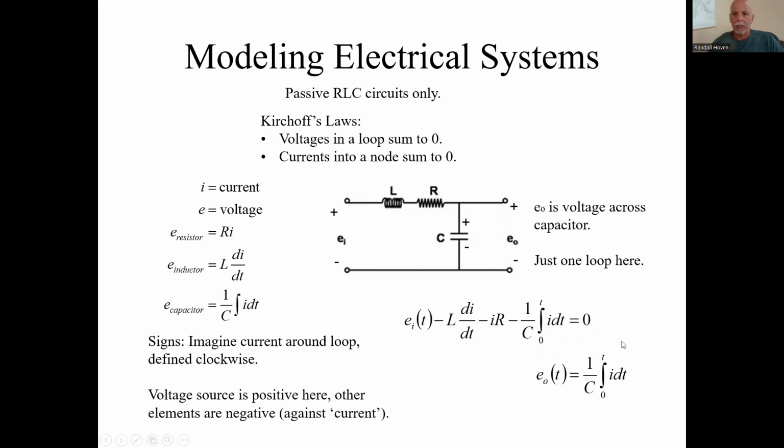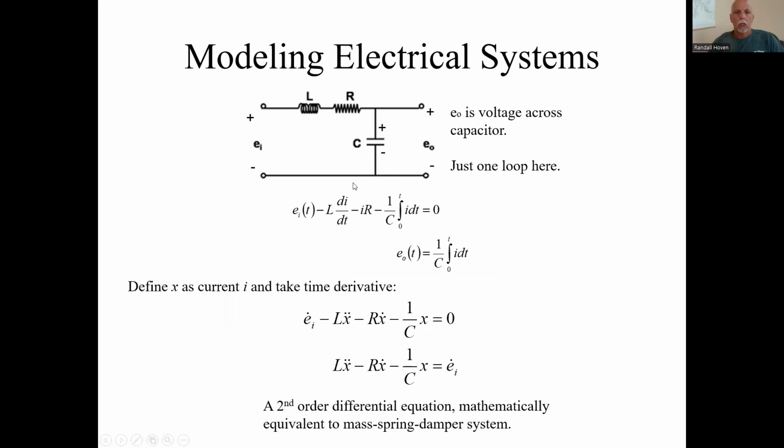The voltage drop across the capacitor is just the voltage drop across the capacitor. Here's what we just had from the previous chart. If I now define x as this current and take one more derivative of this equation, I'll have E sub i dot, its derivative, minus L times x double dot, because I'm taking another derivative, minus x dot times R, minus just x, because I took a time derivative.